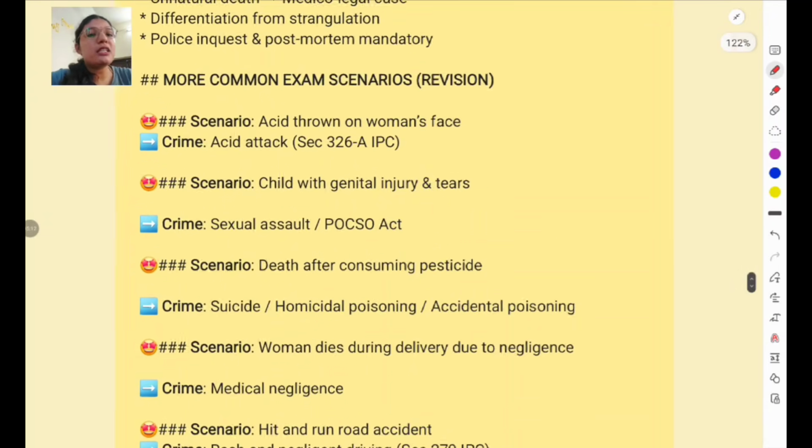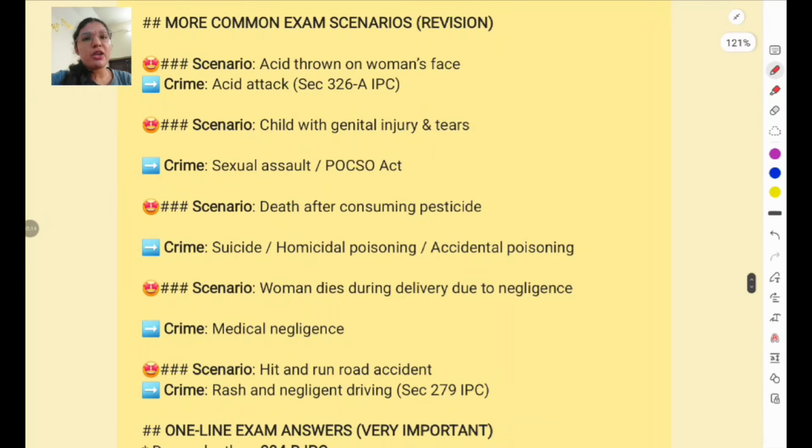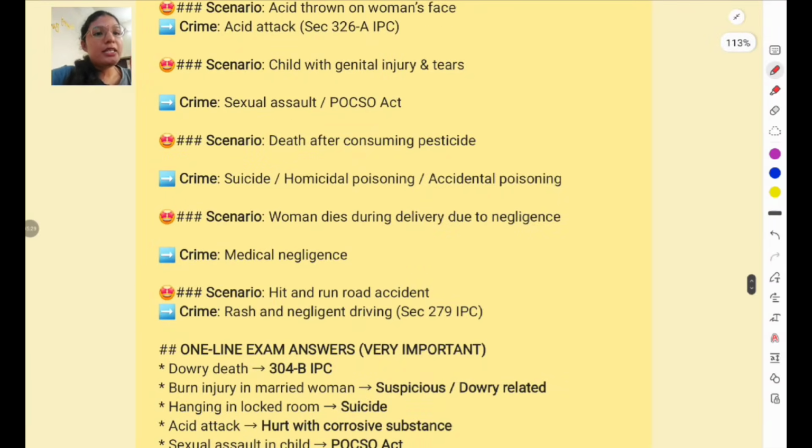So these are some of the more common exam scenarios I've written. First, acid thrown, and that acid attack comes under section 326A IPC. Second scenario is a child with genital injury, so that comes under sexual assault or the POCSO Act. Third one is death after consuming pesticide, that comes under suicide, homicidal poisoning, or maybe accidental poisoning.